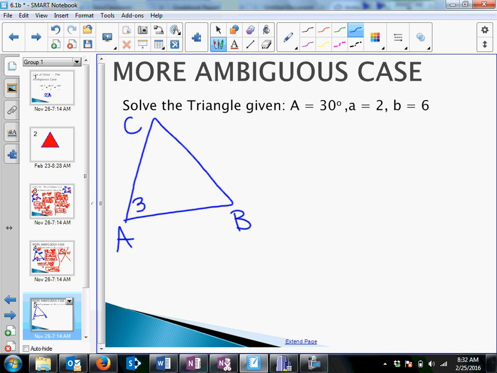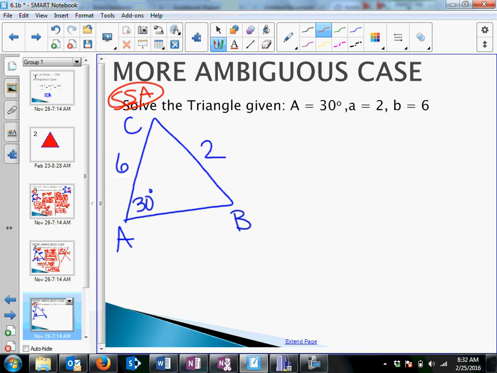So angle A is 30 degrees. Side A is 2, side B is 6. Okay. What angle do we have to find first? B. I guess I should start by saying this is a side-side angle case. We have to recognize what given information we have so we know what we're dealing with.